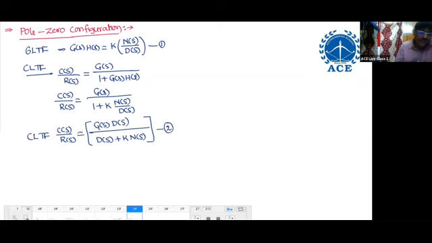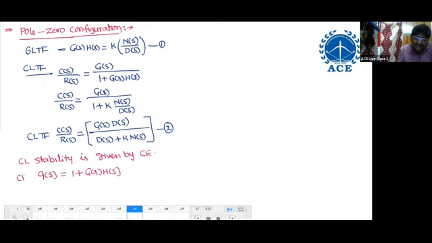Next, closed loop stability is given by the characteristic equation. What is that characteristic equation? You select Q(s) equal to 1 plus G(s)H(s).